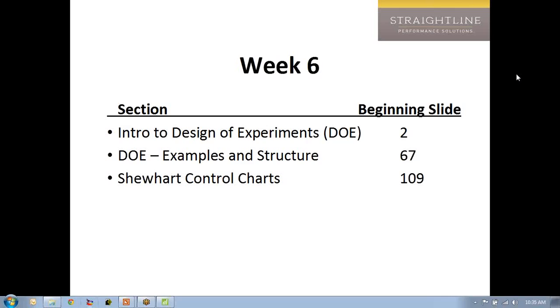DOE is very proactive, and so what it envisions is that you actually adjust your process based on certain factors, and you make very precise and very well-coordinated adjustments, and in doing so, you're able to see what happens to your output as you jiggle the inputs. But you do it in a controlled fashion.